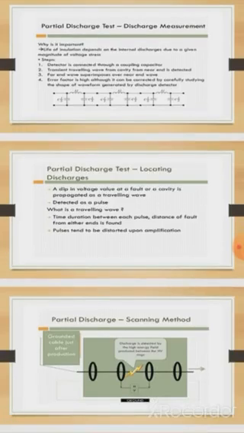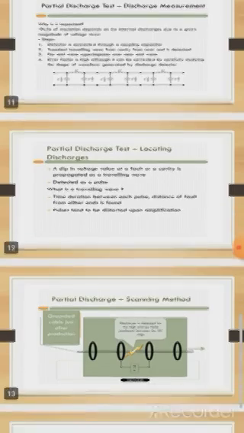Partial discharge test. Locating discharges. With the partial discharge measurement, the dielectric condition of high voltage equipment can be evaluated, and electrical tracking in the insulation can be detected and located in all the required material in the testing.